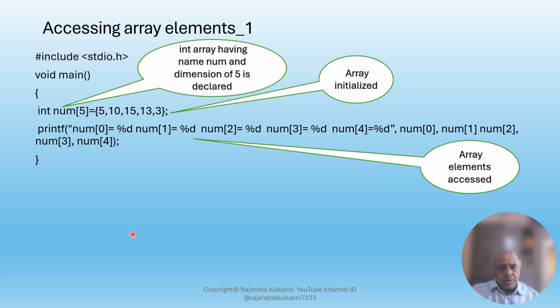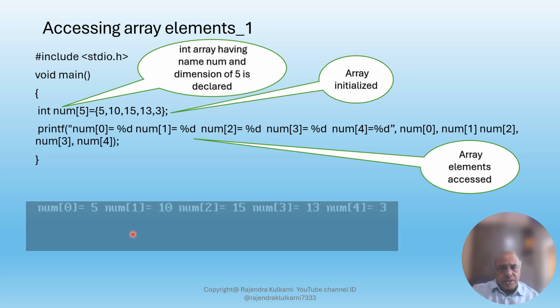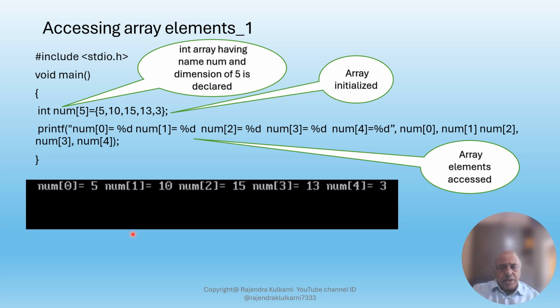And num subscript 0, num subscript 1 are the way array elements are accessed, and this printf statement will give this output, the screenshot of the output screen when I ran this program. num[0] is equal to 5, num[1] is equal to 10, and lastly num[4] is equal to 3.